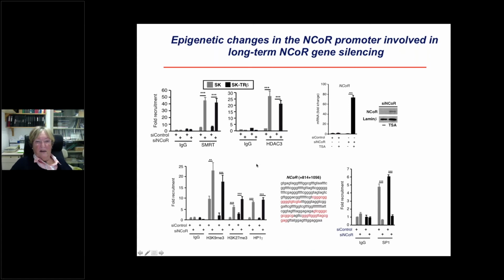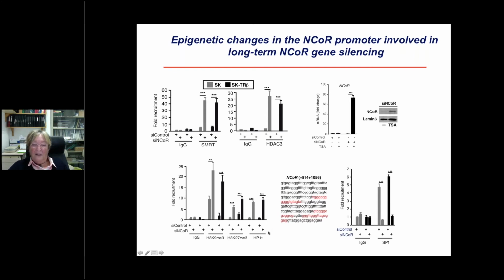We looked at other repressive marks in the NCOR promoter in the absence of NCOR, and indeed we could observe, both in the parental and TR-beta expressing cells, a strong increase in the trimethylation of histone H3 at lysine 9. Also the polycomb-dependent trimethylation of K27 in histone H3.